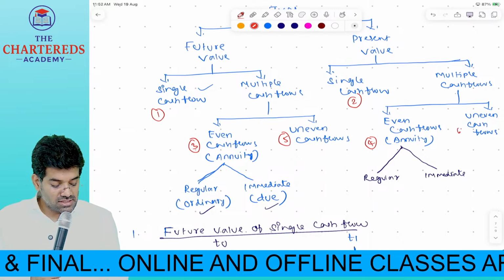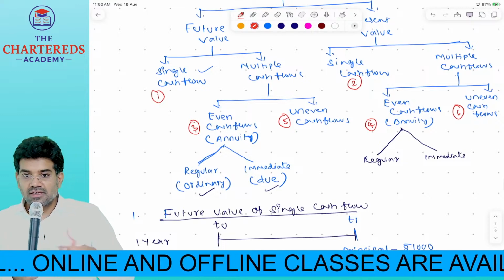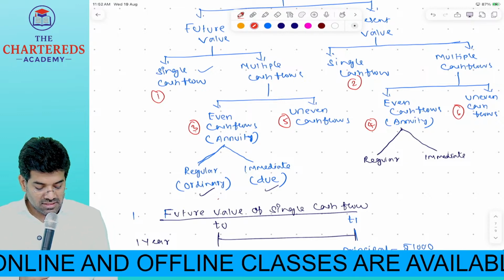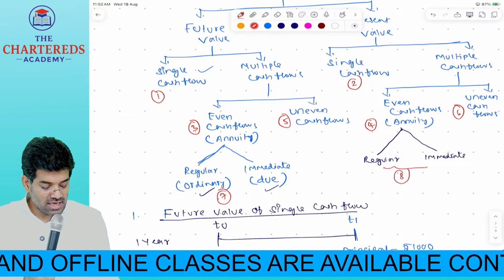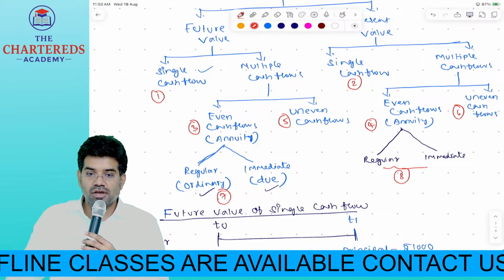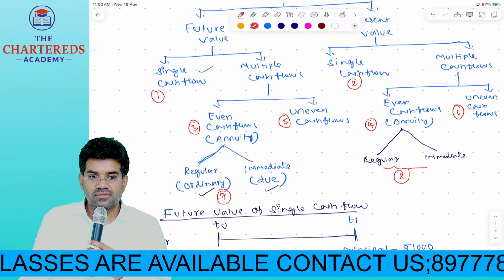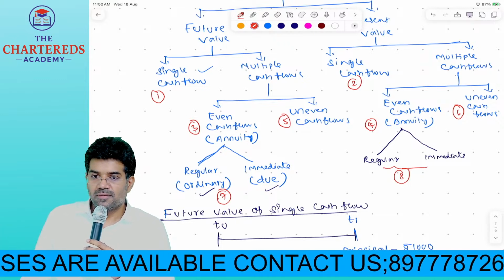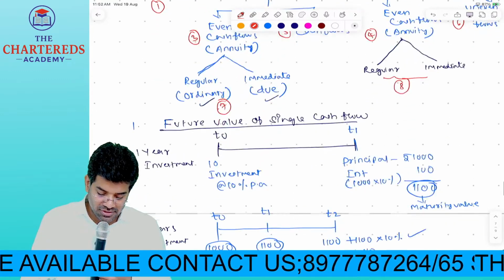This one is 6. Again, end of the year, beginning of the year. This can be taken as 7. This is 8. Then we have perpetuity also. Indefinite period, if you get cash flows, whether it is inflow or outflow, perpetuity we call it as. So these are the various scenarios.